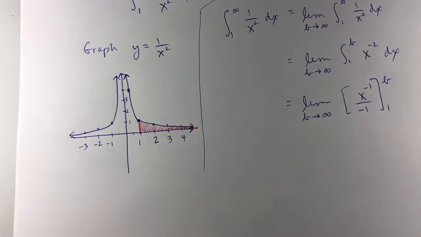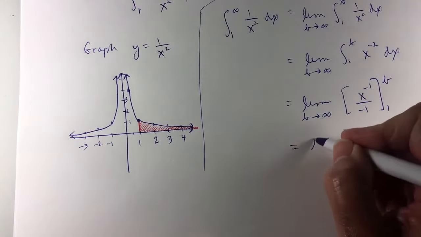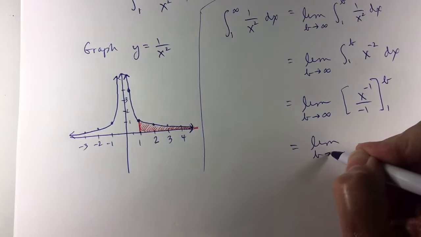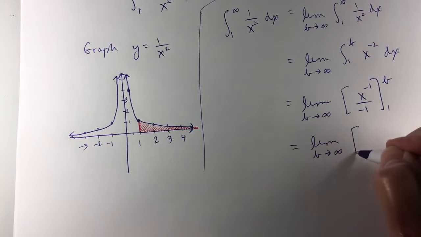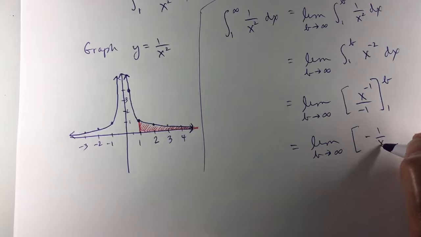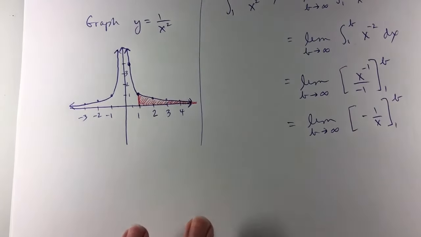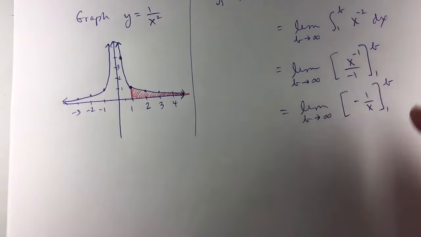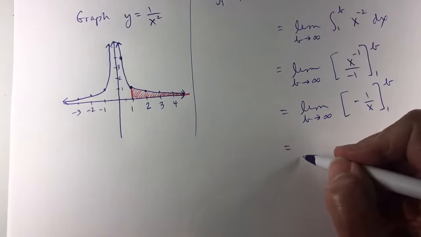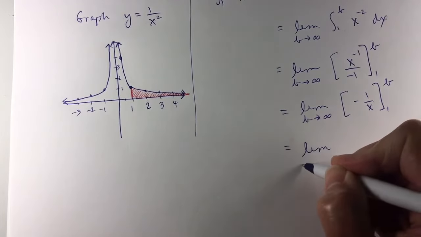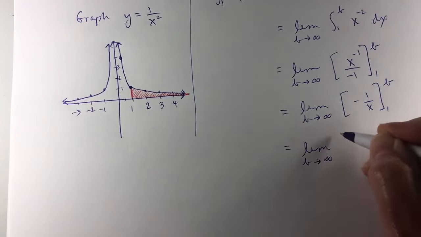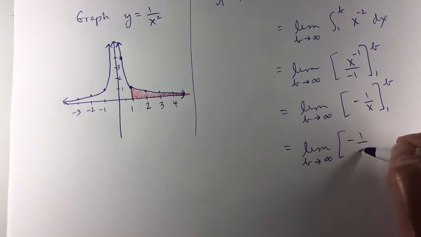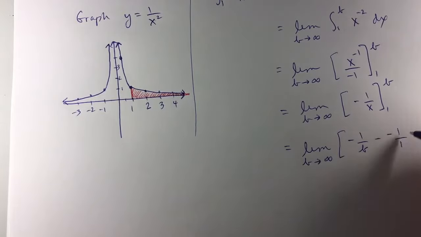Now, when I put x in the bottom, what negative am I getting rid of? The exponent. So this will be -1 over x, and that's the limit as b approaches infinity of -1 over x from 1 to b. So the limit as b approaches infinity of -1 over b minus -1 over 1.